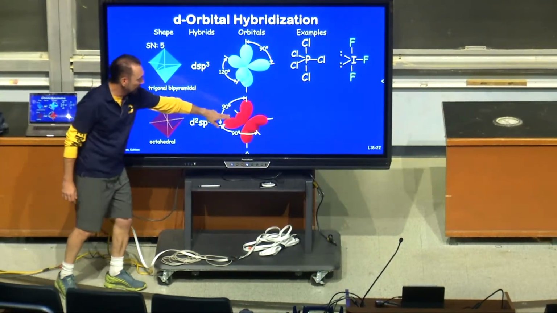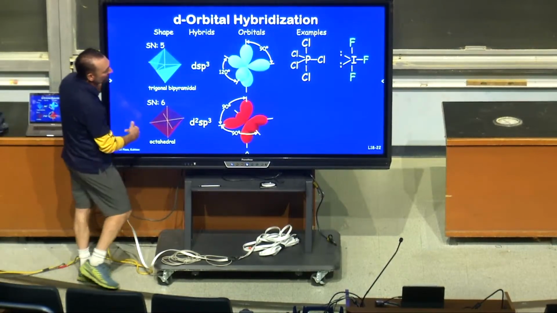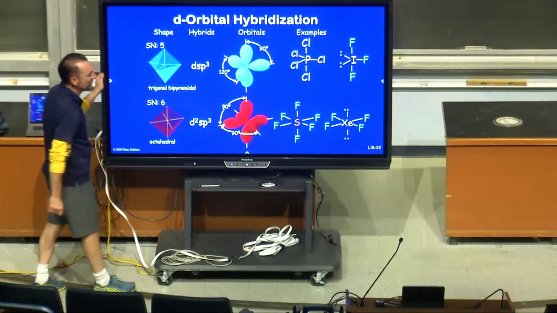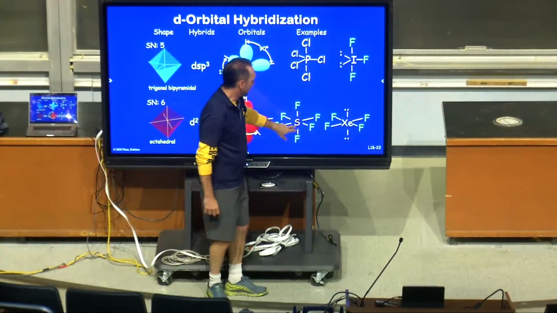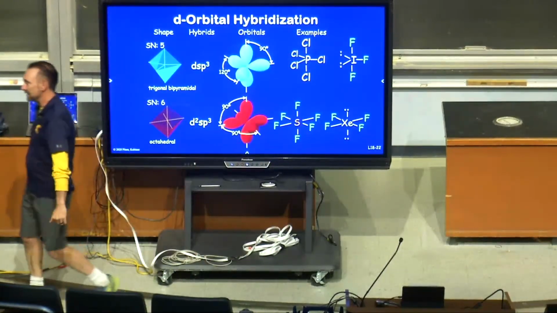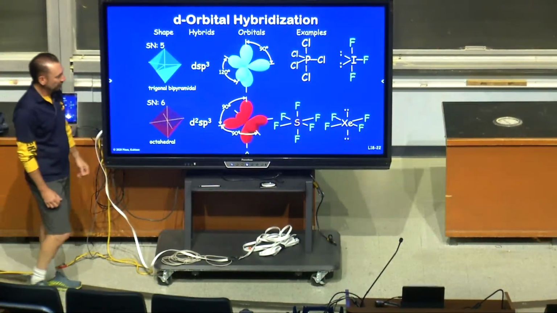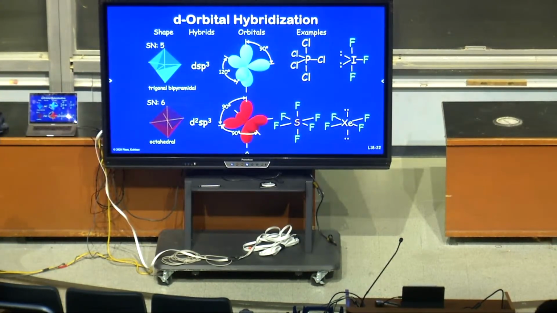They make 6 equivalent hybrid orbitals that have that orientation, and we know that can accommodate sulfur hexafluoride or xenon tetrafluoride with the 4 fluorines. And that's a square planar molecule.